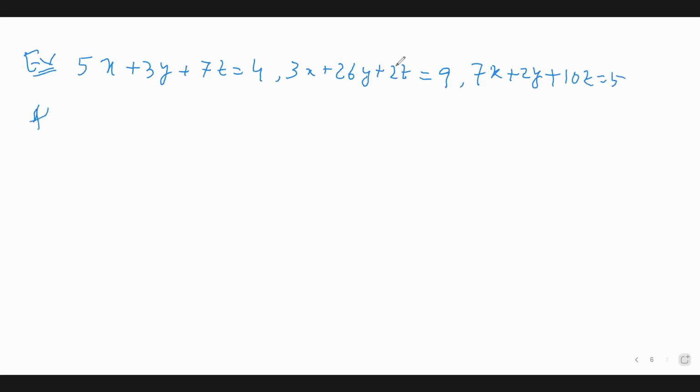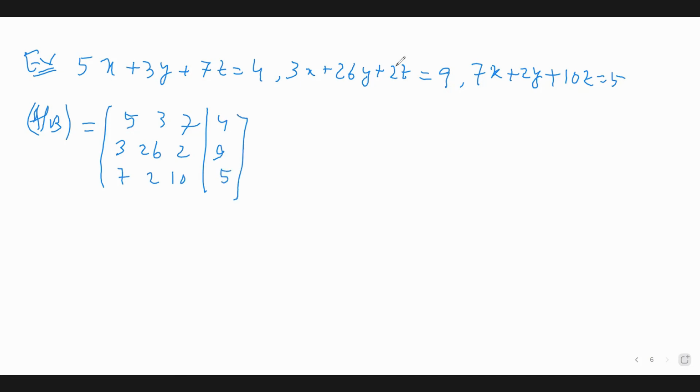ऑगमेंटेड मैट्रिक्स क्या होगा बताओ फटाफट. Sir, 5 3 7 4, 3 26 2 9, 7 2 10 5. तो पहले पाइवट, ये पाइवट होता है, ये पाइवट को 1 कर देते हैं.